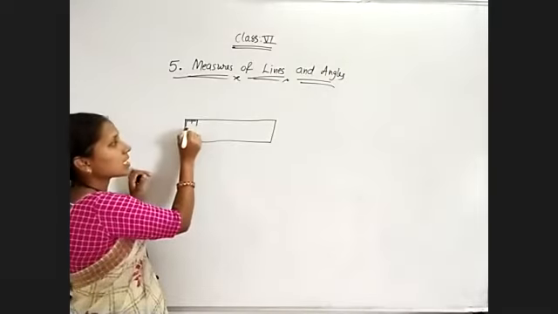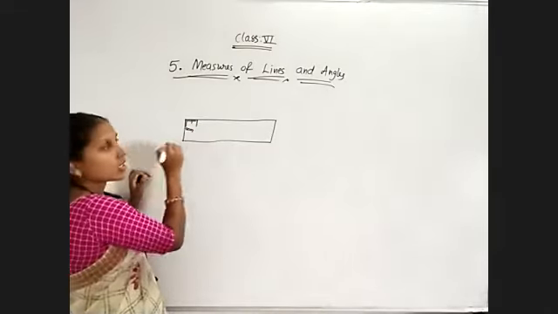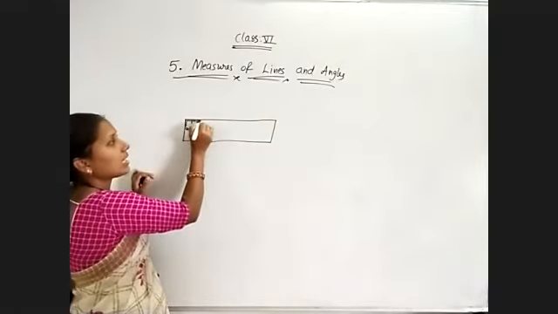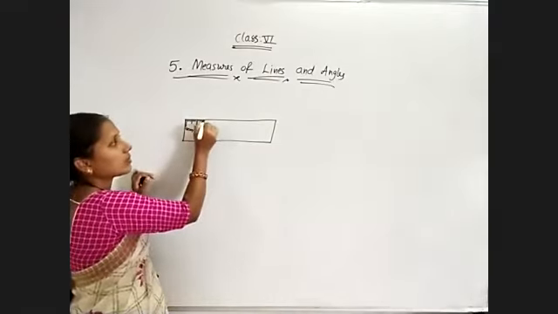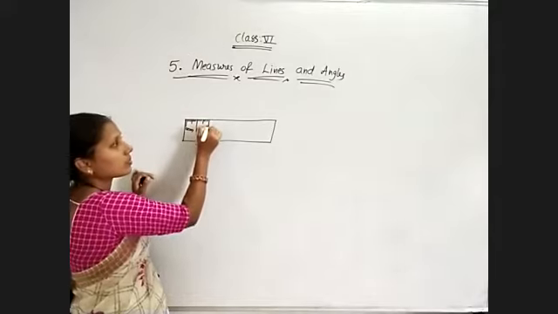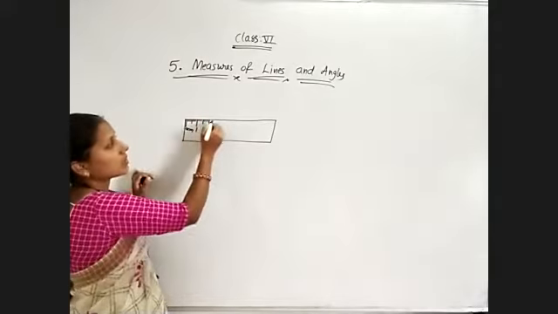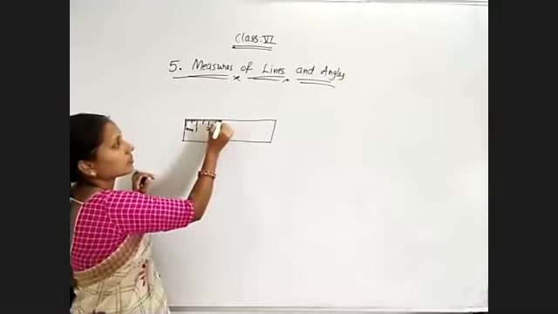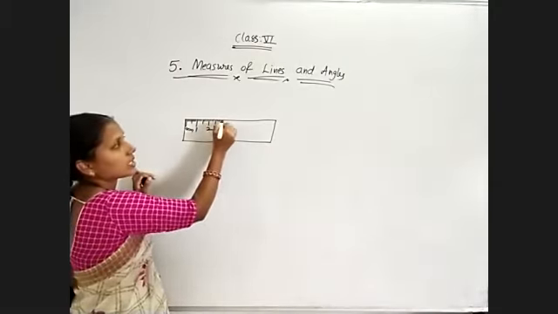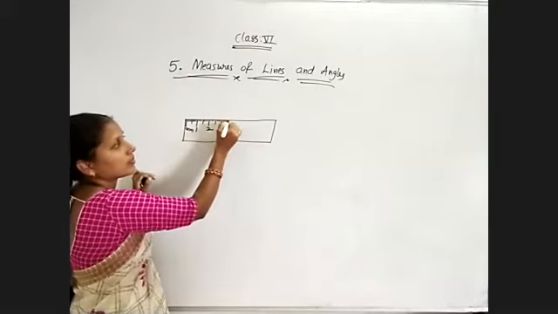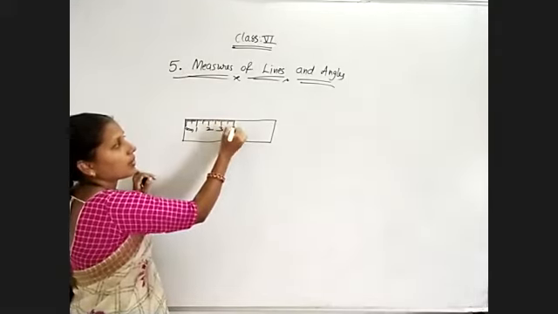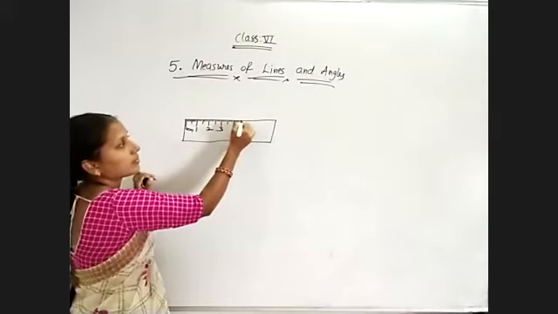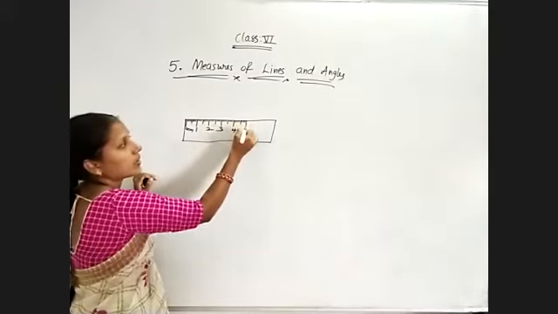The first one is considered as 0 centimeter. The next one 1 centimeter. Like that they are differentiated. 2 centimeters. 3 centimeters. 4 centimeters. 5 centimeters.